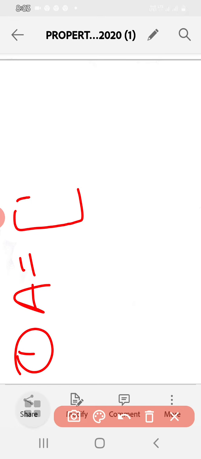Here we have to verify that A plus A dash is a symmetric matrix.